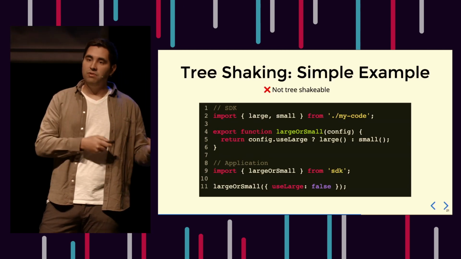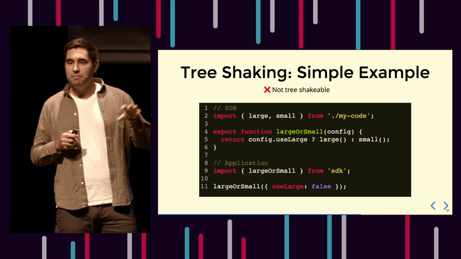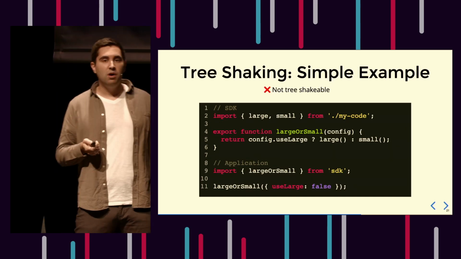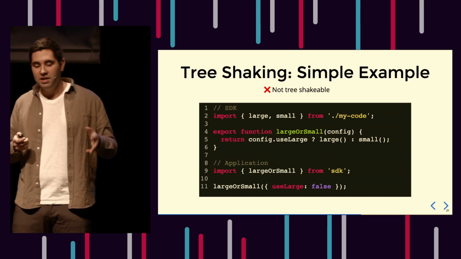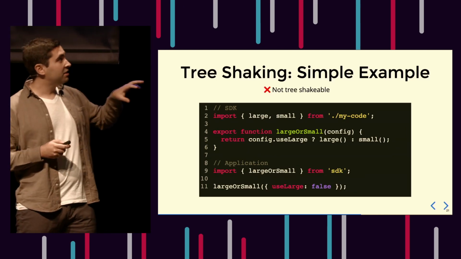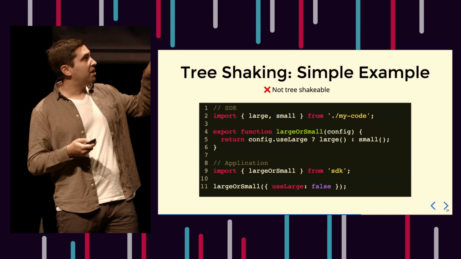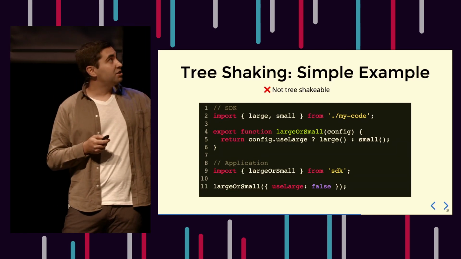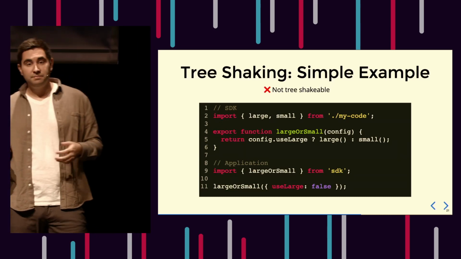So in theory, we could remove it from our build. However, for a bundler, this is very hard to know, because it can't be sure it will never be called with useLarge true. So even if I know I'm never using the large one, the large function will still be included in your bundle.